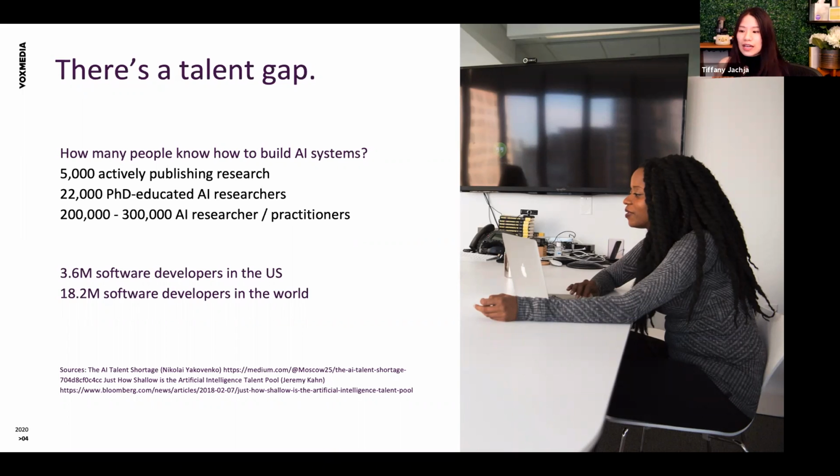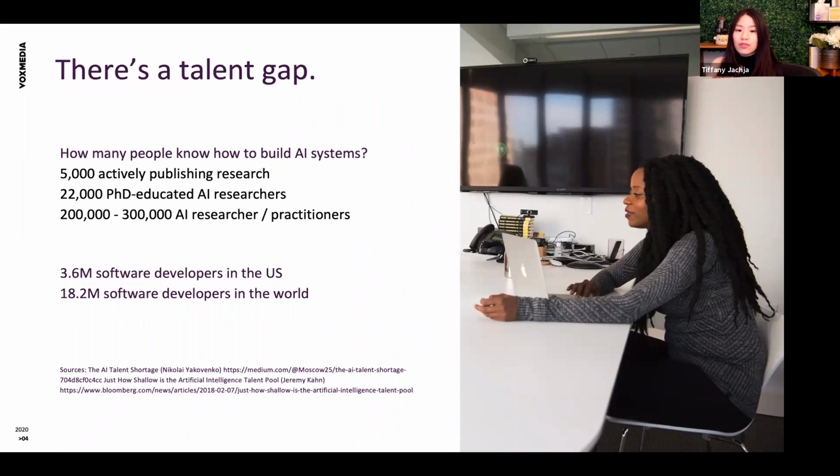But if we look at the actual pool of people who have AI backgrounds and capabilities and knowledge of machine learning and artificial intelligence, we see that it's a very small pool of people. And when we think about people who are actually contributing to AI systems and driving what we know as state of the art, that's an even smaller subset.